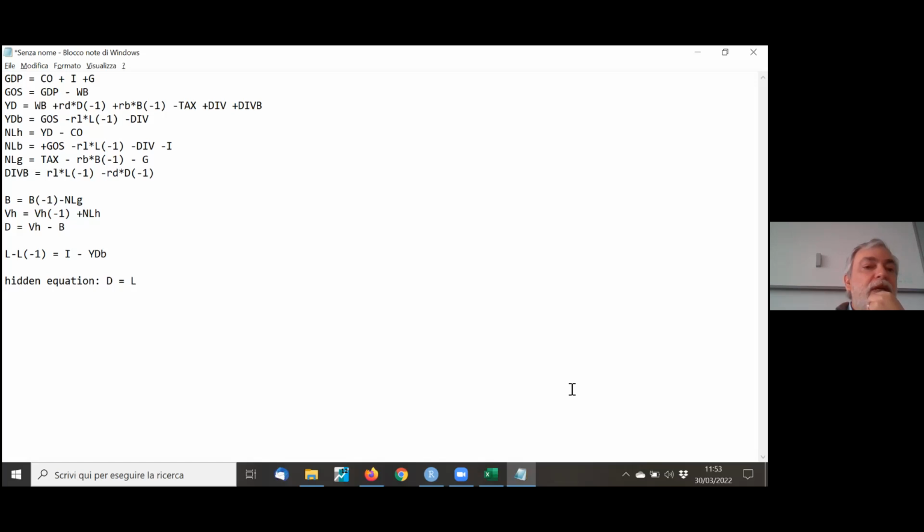The next step is the behavioral equations we want to use. So let's start from the simple things, which are the tax can be endogenized with a parameter on the pre-tax income. And the pre-tax income is given by this less tax.